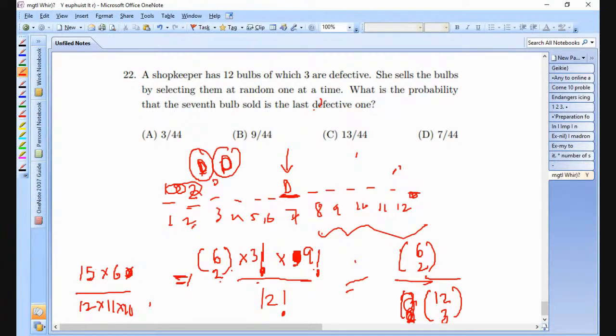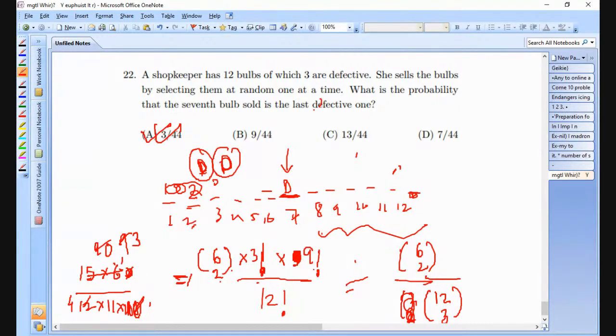So 15 into 6 is 90. So 9 over here and 10 gets cancelled. So 3, and here also 3 gets 4 out here. So it's 3 by 44. 3 by 44. All of you understood it, guys?